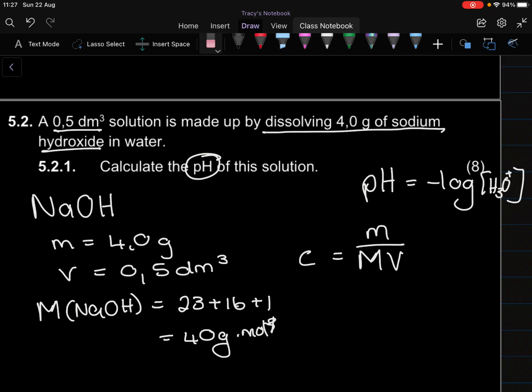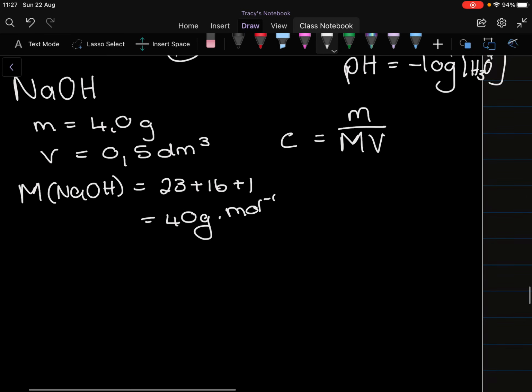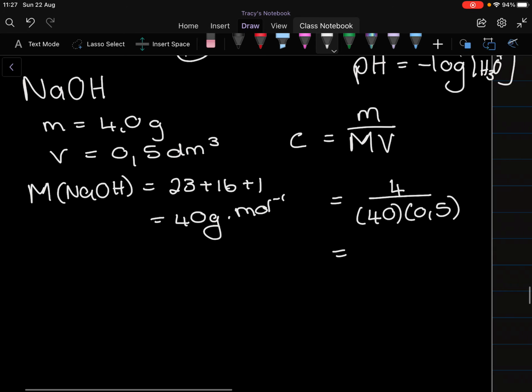Maybe I should write that so you can read it. So I can substitute in what I know. So I've got 4 grams divided by 40 times 0.5, and that gives me 0.2 moles per decimeter cubed. I've now found the concentration of the NaOH.